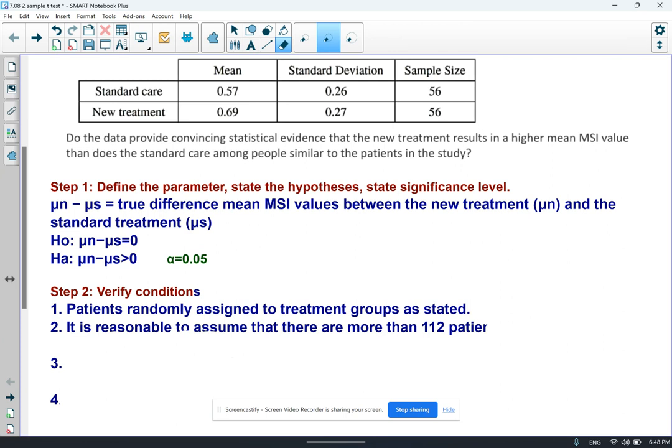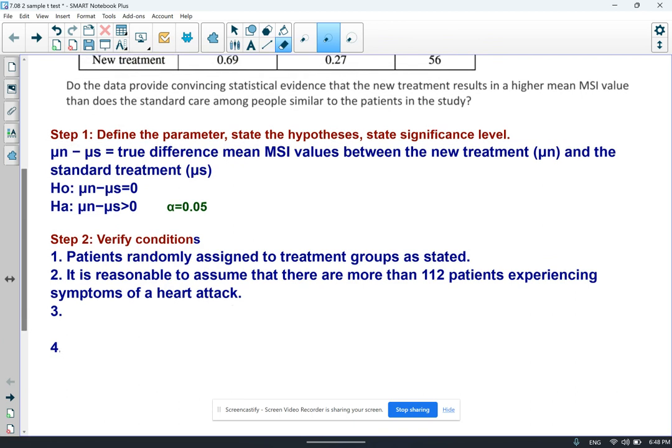So 56 plus 56 is 112 patients experiencing symptoms of a heart attack. So it makes sense to combine the patients together, since you're pooling from the same group before you randomly assign them to treatment.